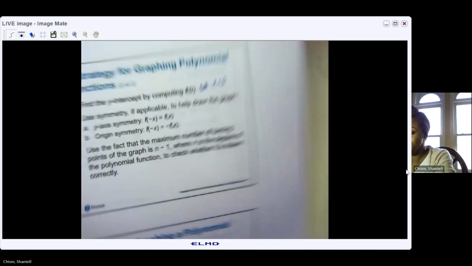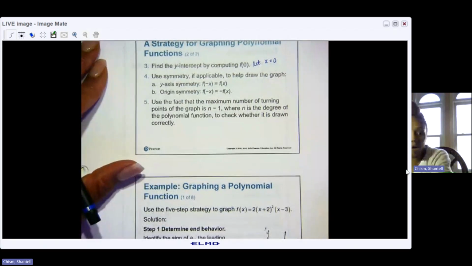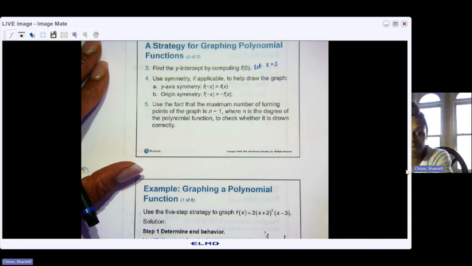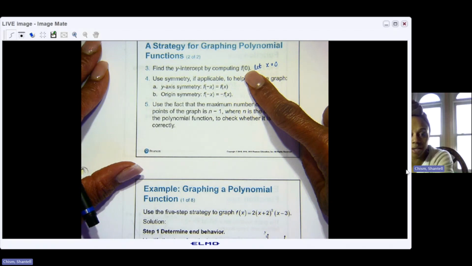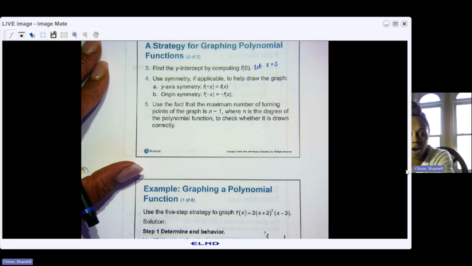Then, turning that over, we will also find the y-intercept, and that is again where we let x equal 0. We compute the function by plugging in 0 wherever we see x. We can use symmetry to help us draw the graph. And then we, of course, also can look at our calculator too.